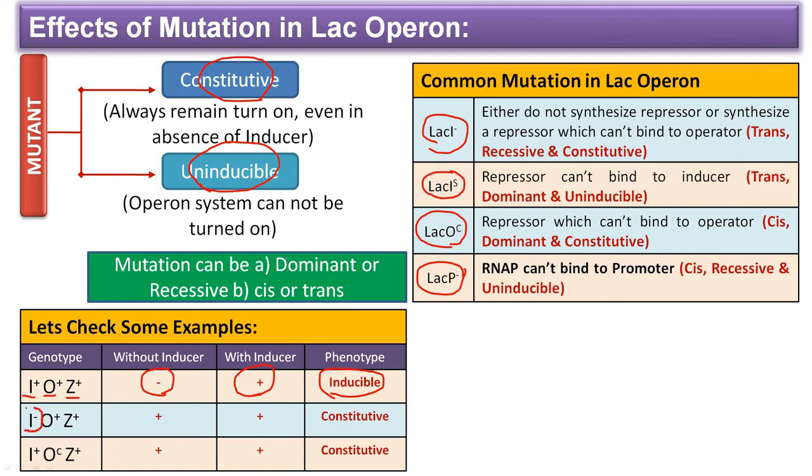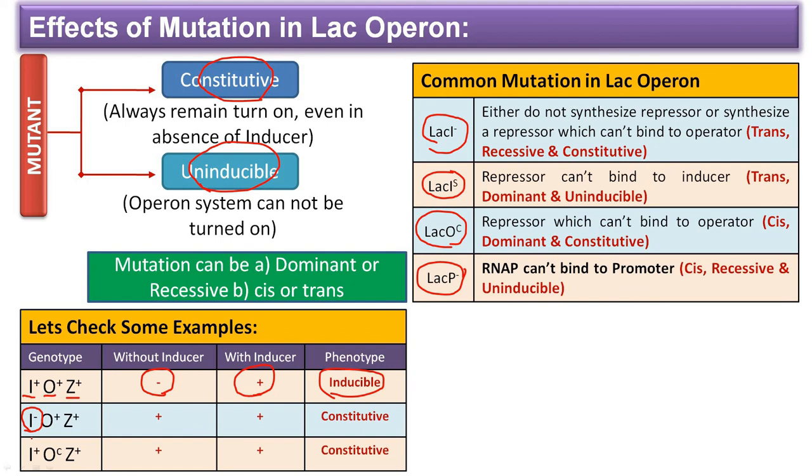Here we can see the regulator gene is mutated. If the regulator gene is mutated, the repressor protein will not be synthesized. If there is no repressor protein, then there is nobody to block the operator site. So the operon system will remain turned on always, because there is nobody to block the operator site.